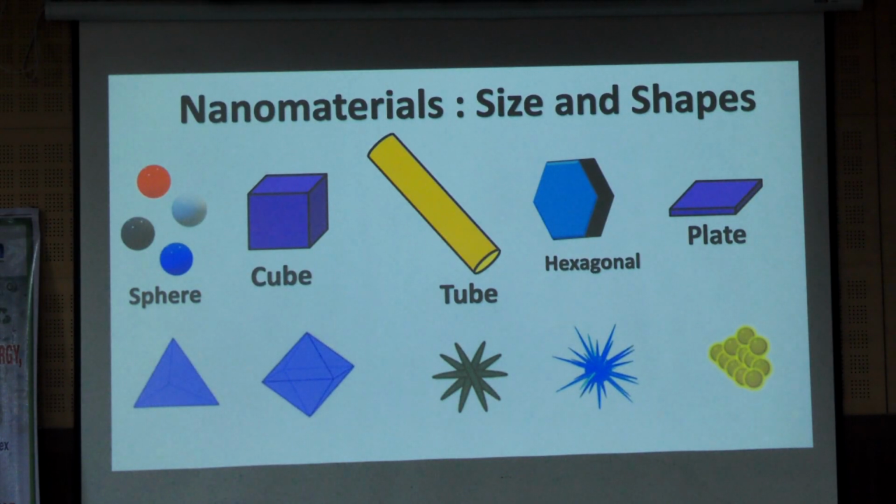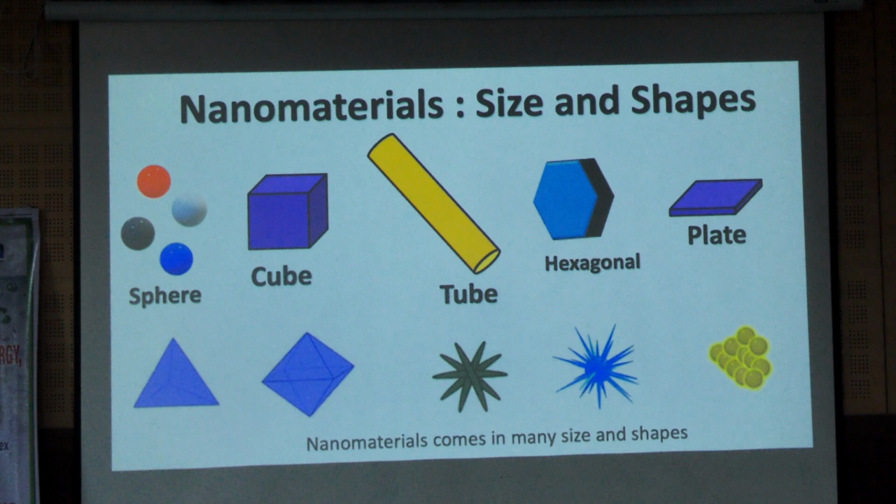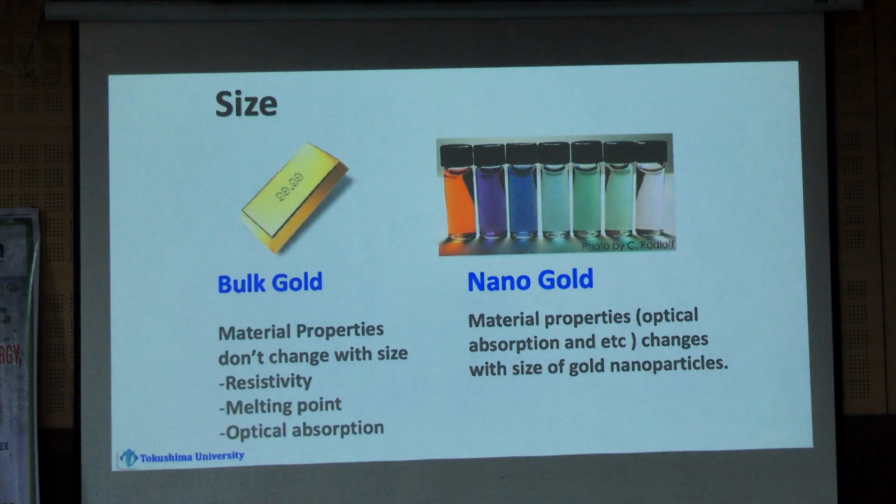To understand this, why are we making these nanoparticles in small size, why are these nanomaterials so important? One of the examples I have shown you is gold. Why is gold always shown? Many times you will find this is the classic example, because you can get a different kind of color, and that is the optical property of gold.